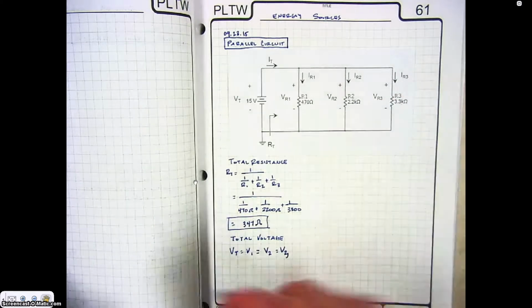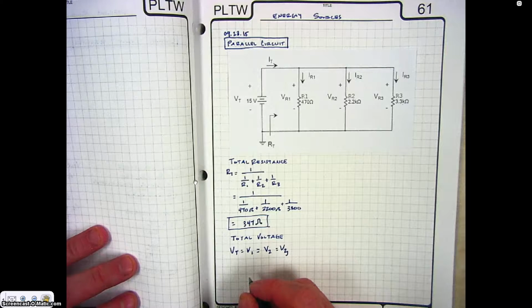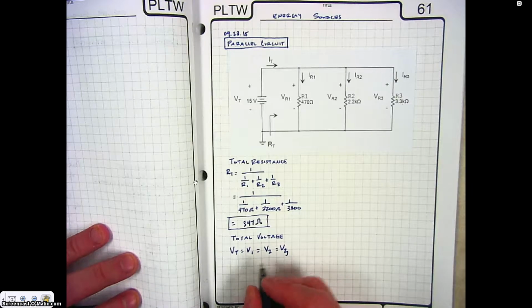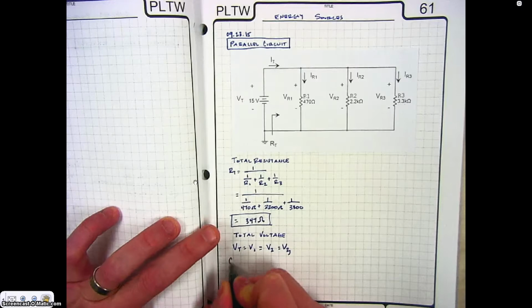So those two items are switched in a parallel circuit. Now we're going to calculate the current at each component. So go ahead and write that.